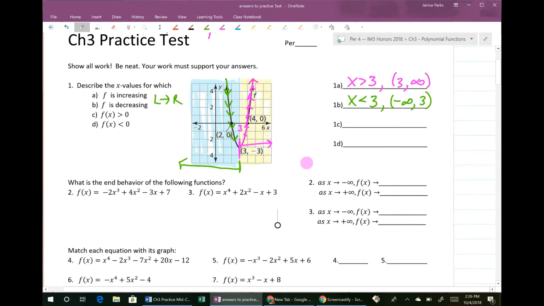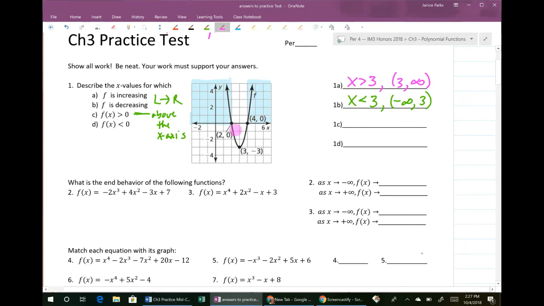For the next portion, which is where the f of x is greater than 0, that means above the x-axis. Okay, so it's above the x-axis. Once it hits here, it's above the x-axis over here, and the graph is above the x-axis over here.